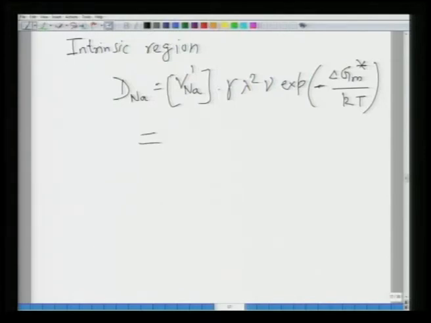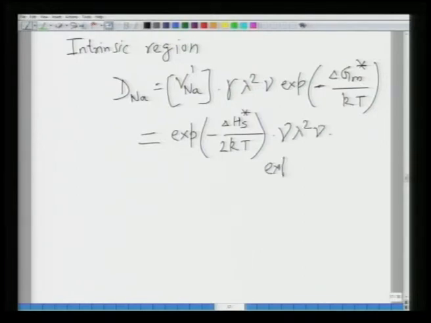Now, in the intrinsic region, V_Na is equal to exponential of minus delta H_S star, or you can say H_Na star, divided by 2kT, into gamma lambda squared nu into exponential of minus delta H_M star divided by kT into exponential of delta S_M star divided by k.